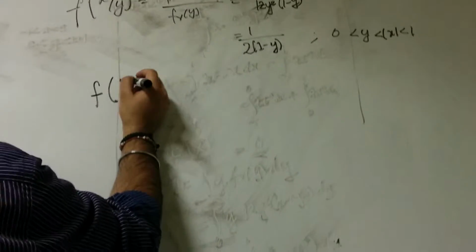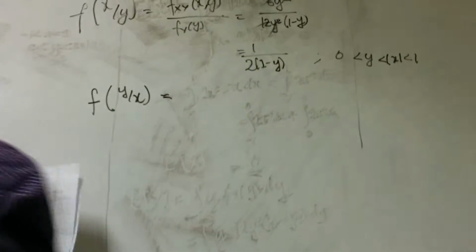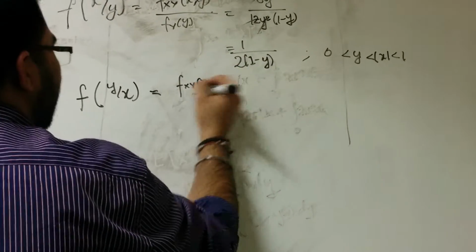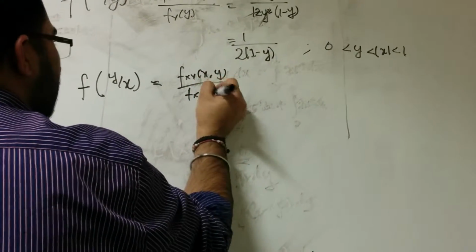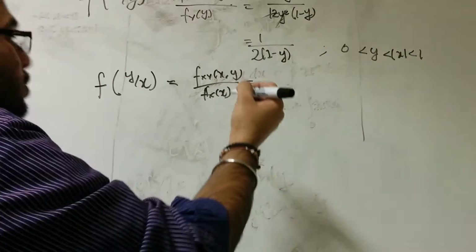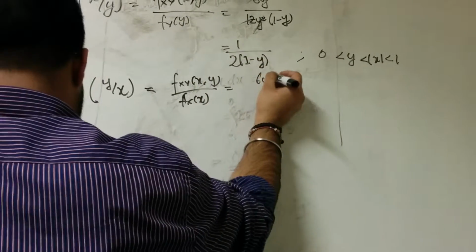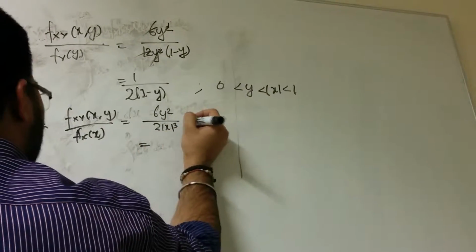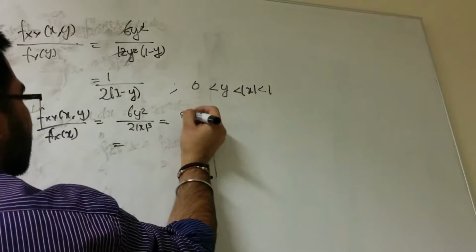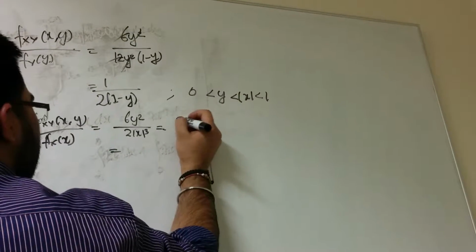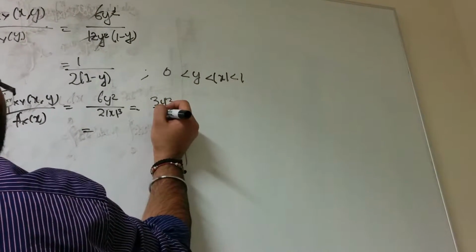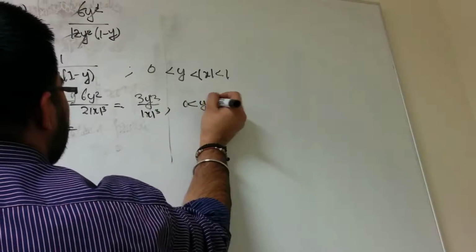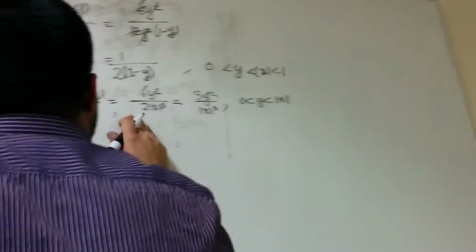Now we are finding y given x. That would be equal to, again, the joint density function of x and y divided by the density function of x. So this is equal to 6y square upon 2 mod x cube. On solving, we get 3y square upon mod x cube, and 0 elsewhere, for y greater than 0 less than mod x in the limit range.